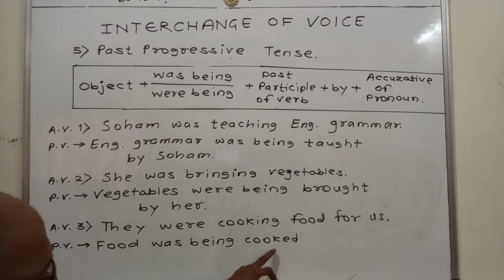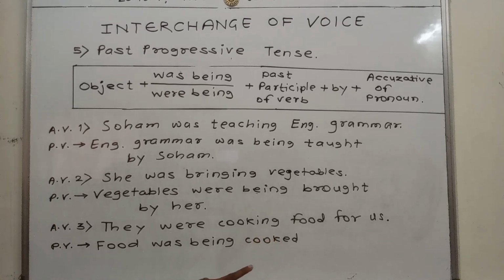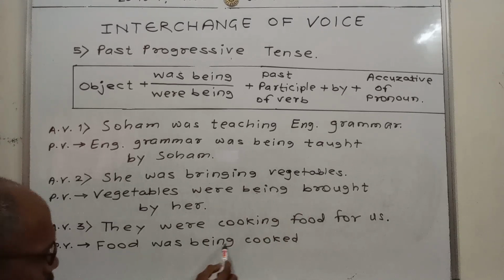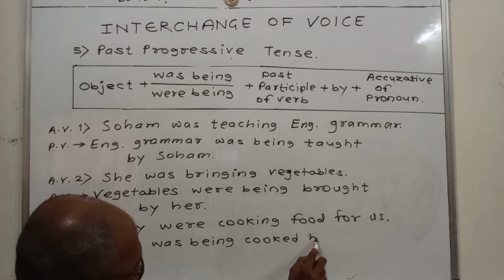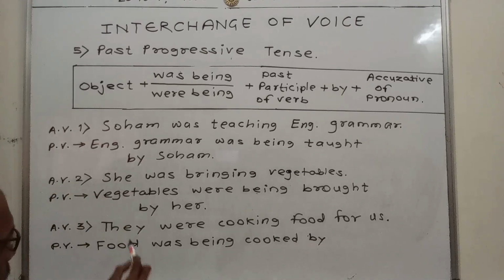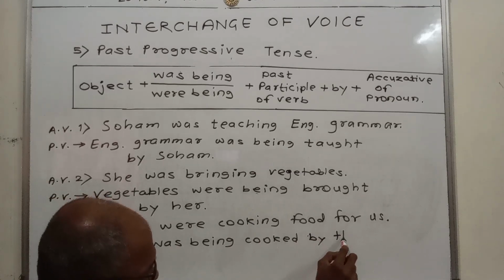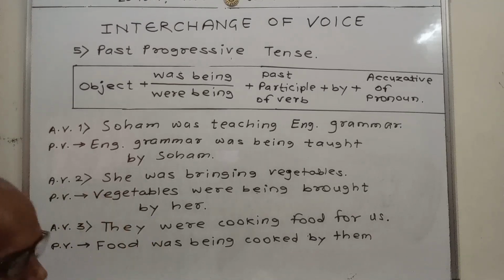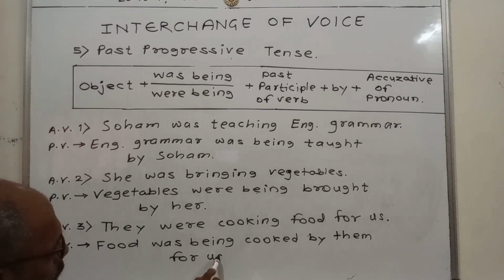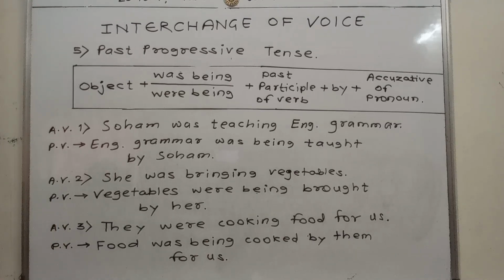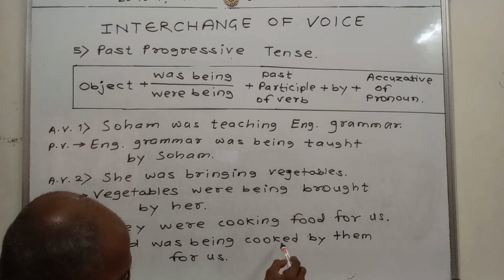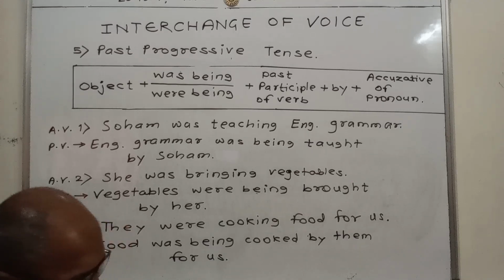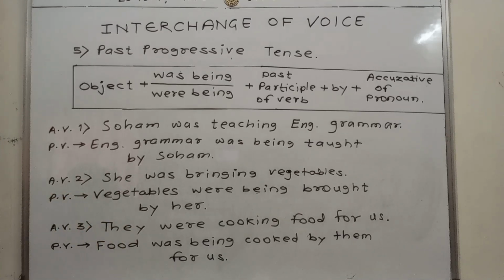Food was being cooked by them for us. Also you can write this way also. Food was being cooked by them for us. Did you get it? Or right here, for us by them, or this way also.